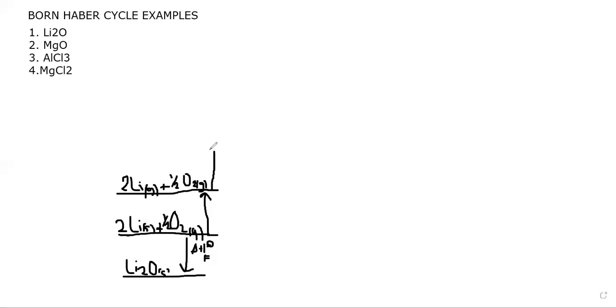Now both of these lithium atoms in the gaseous state can both undergo first ionization. So both of them will lose an electron. So we have the lithium ion, 2 of them, which means we have a total of 2 electrons, because both of them underwent first ionization energy. Both of them lost an electron.